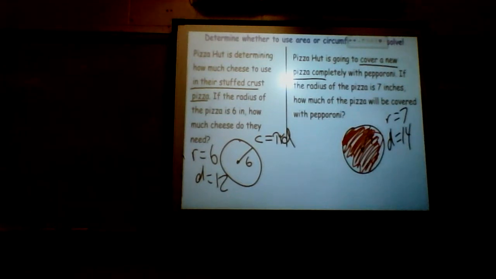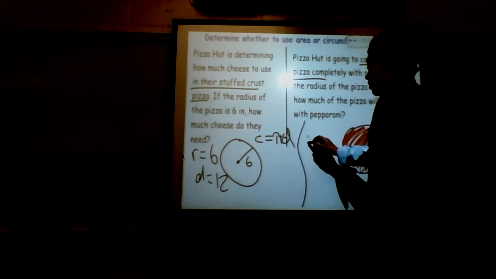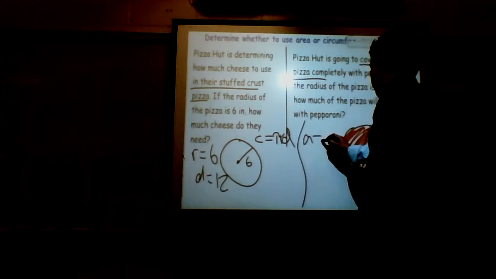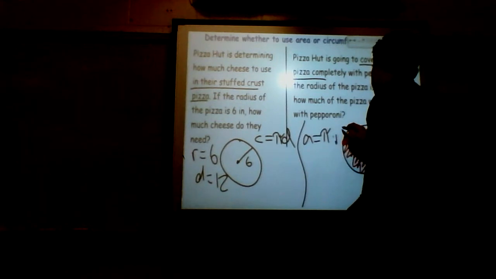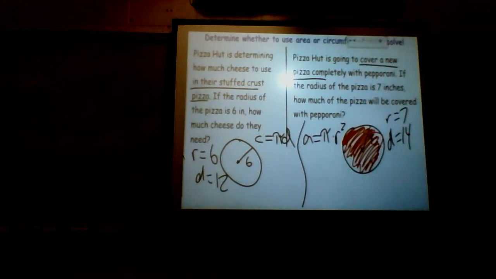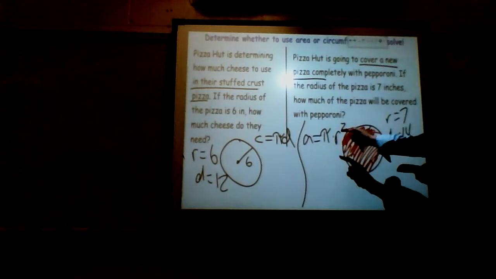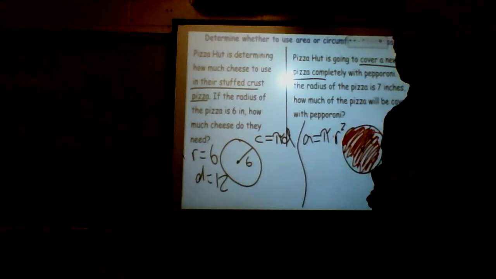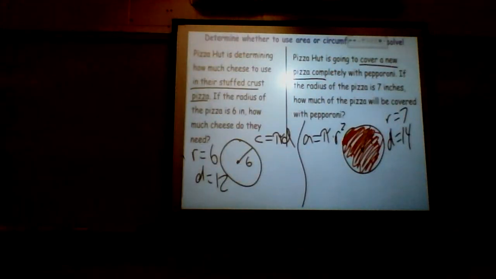And if we want to know how much it covers, that's area. Area formula. You guessed it. Area equals pi times radius to the 2nd power. I would simply plug that in. I would do, on my calculator, pi times 7 to the 2nd power, or pi times 49, because 7 times 7 is 49.